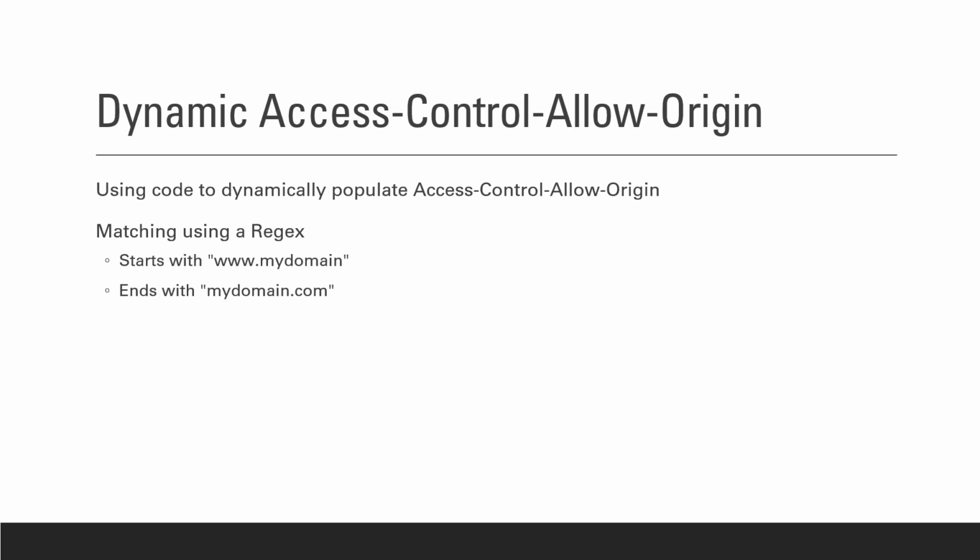There are ways to do it that don't expose you to risk. But something that a lot of people think about doing or have tried that turns out to be not a great idea is they'll use like a regular expression, and they'll do something like any domain that starts with www.mydomain will be allowed access, or ends with mydomain.com will be allowed access.